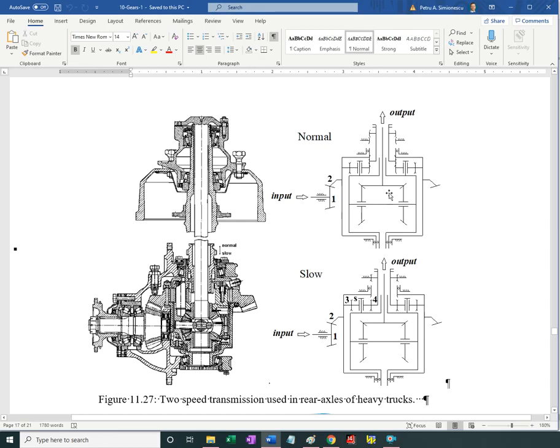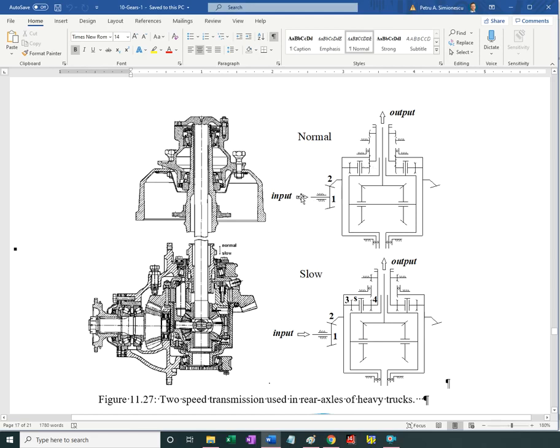In normal position, I have the planets of the unit and the ring gear, which is this one, connected together. By doing so, I just block the planetary unit, and it rotates just like a chunk of metal.